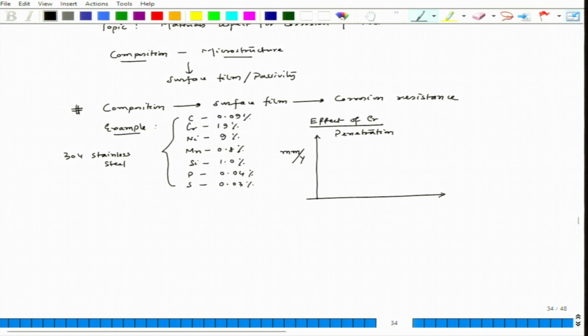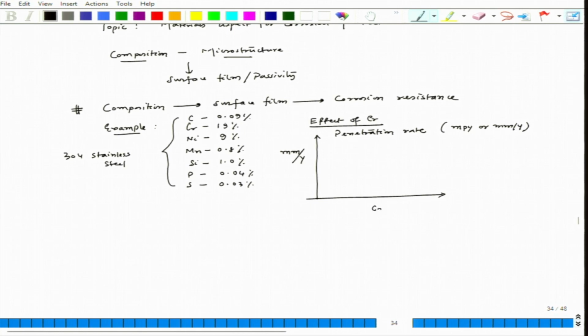This penetration is equivalent to a corrosion rate, a penetration rate, and it can be written in terms of MPY or millimeter per year. MPY is mils per year, okay. And the convention nowadays is to always mention it in terms of millimeter per year.